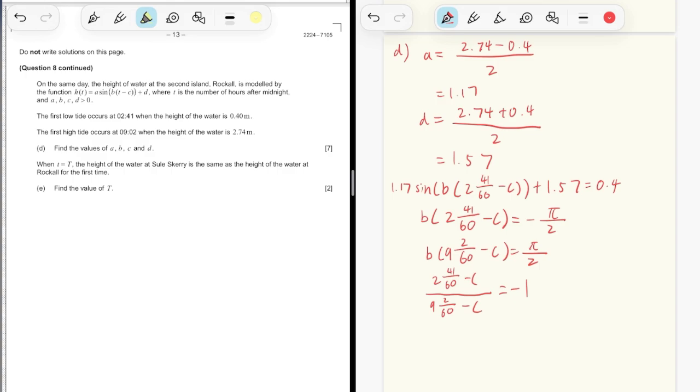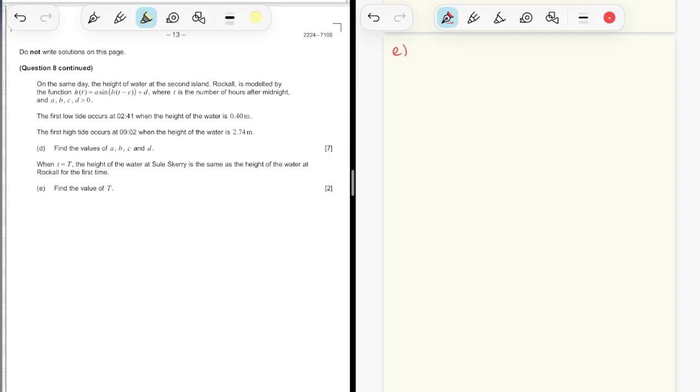And thus, C is around 5.86. Then subbing it back into a point, we could get that B is around 0.495.